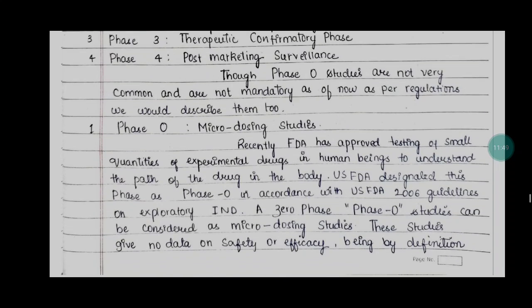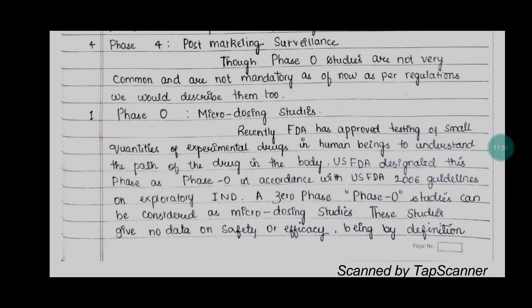So phase 0, that is microdosing studies. Recently the FDA has approved the testing of small quantities of experimental drugs in human beings to understand the path of the drugs in the body. The US FDA designated this phase as phase 0 in accordance with the US FDA 2006 guidelines on exploratory IND. So phase 0 can be considered as microdosing studies.